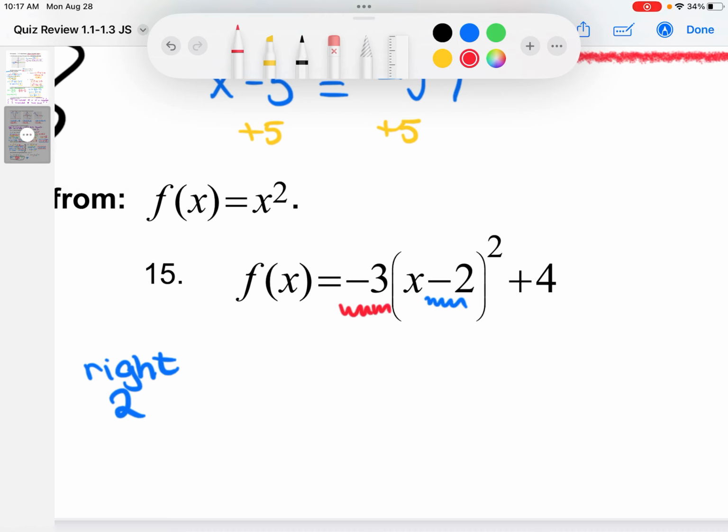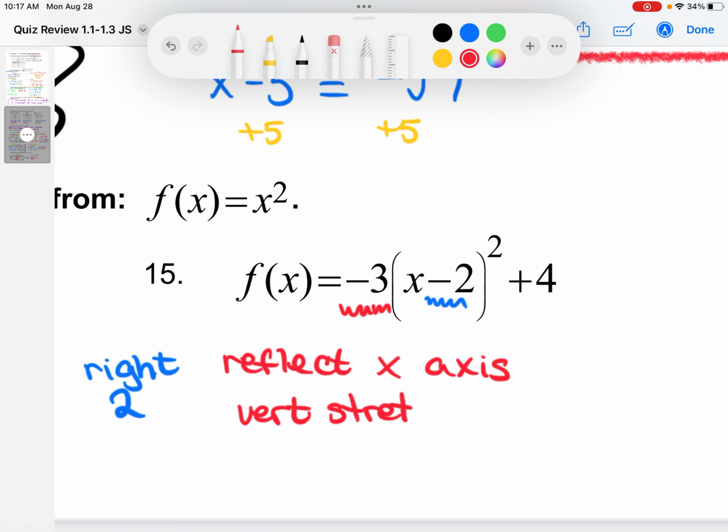And that does 2 things. The negative reflects over the x-axis. The 3, because it's bigger than 1, does a vertical stretch by 3. Everything will stretch 3 times as tall.